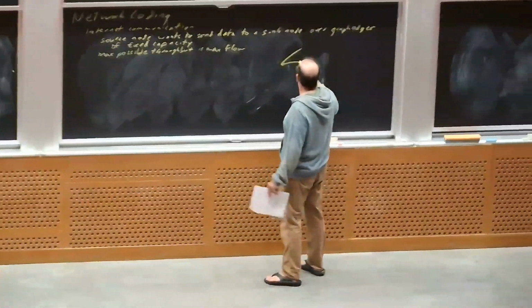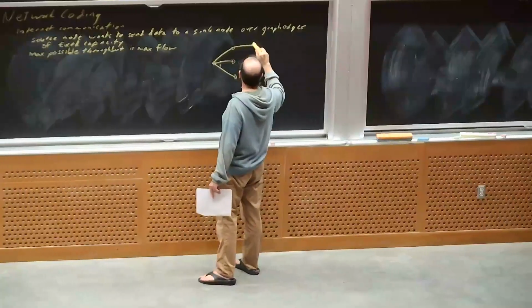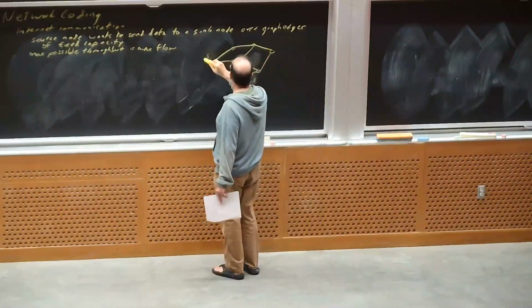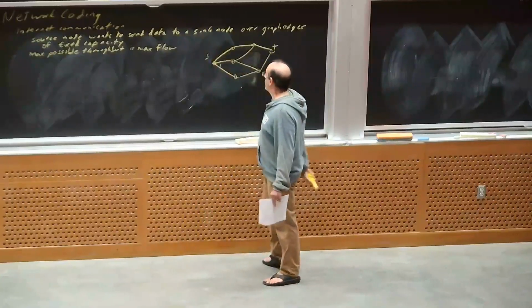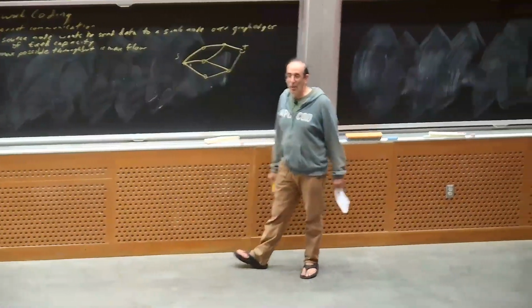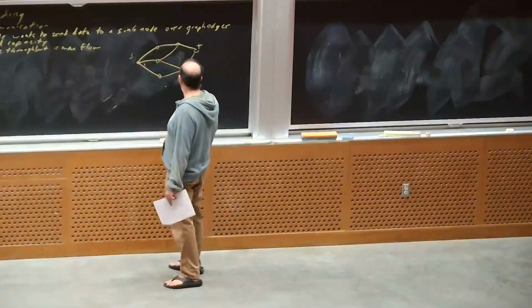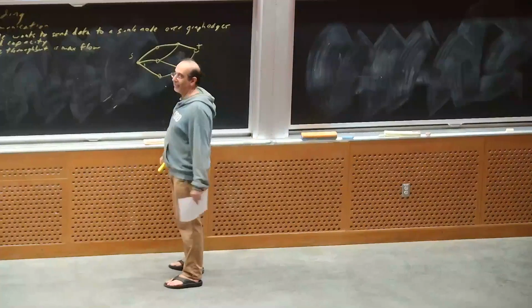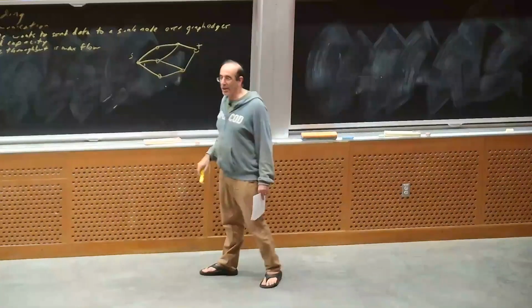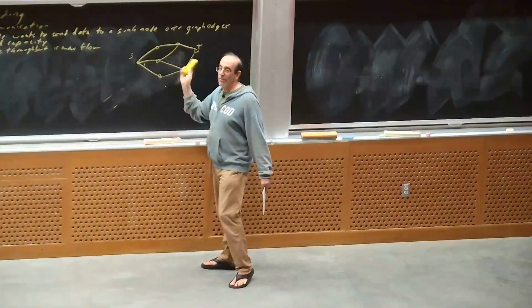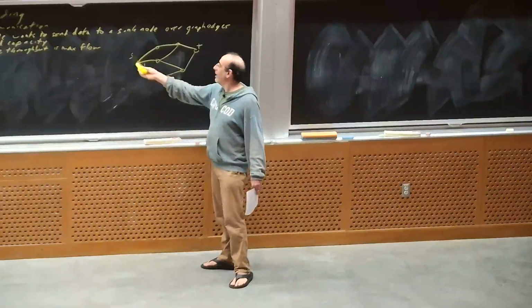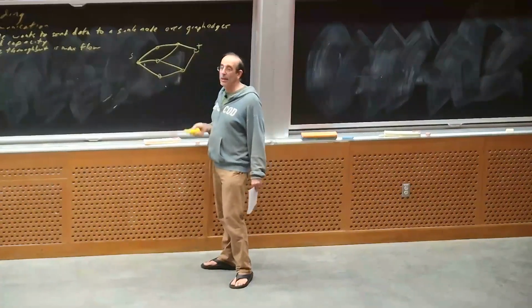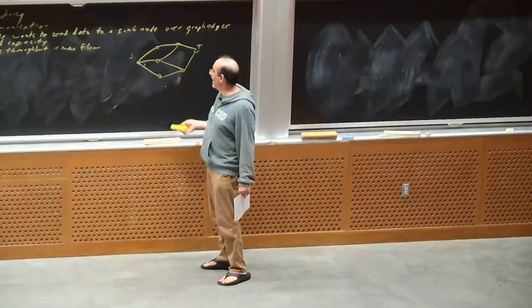Right, I've got my graph, and I can send messages along various edges. If we assume that each edge has a capacity of 1 unit, one byte per second or something like that, however many disjoint paths I can find through this network, I can send a stream of information along each of those disjoint paths, and that will represent the amount of information that I can send through from S to T per time step.